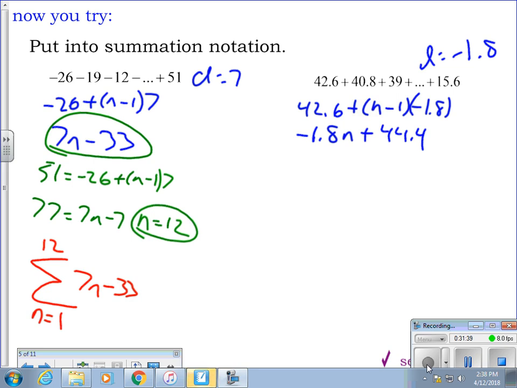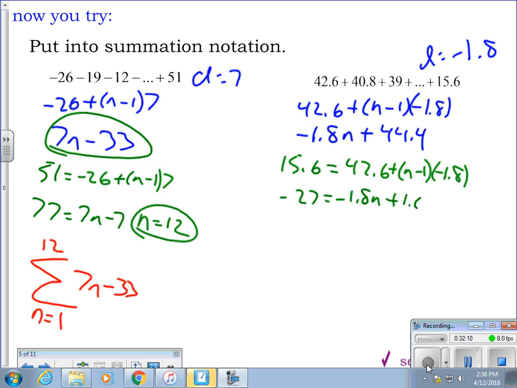We need to find out what term number 15.6 is. 15.6 equals 42.6 plus n minus 1 times negative 1.8. So 15.6 minus 42.6, negative 27 equals negative 1.8n plus 1.8.